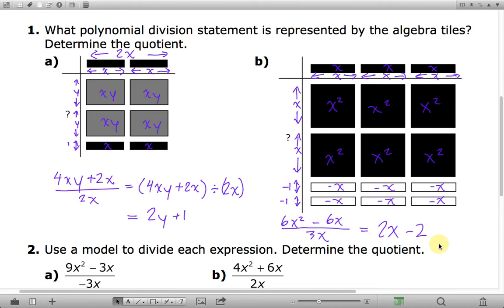Obviously, we do want to move beyond representing the quotient with algebra tiles, because like I said, it is space consuming and time consuming.